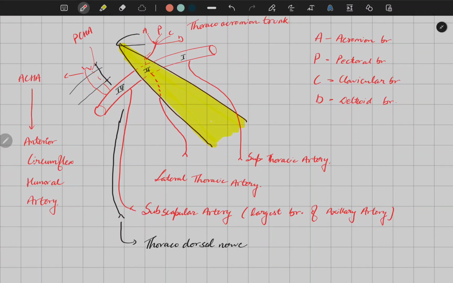The head of the humerus can compress the third part of the axillary artery. Since it can compress the third part of the axillary artery, the blood flow can be affected. So the anastomosis around the scapula comes into the picture when there is a compression at the third part of the axillary artery, to maintain the blood flow to the limb.